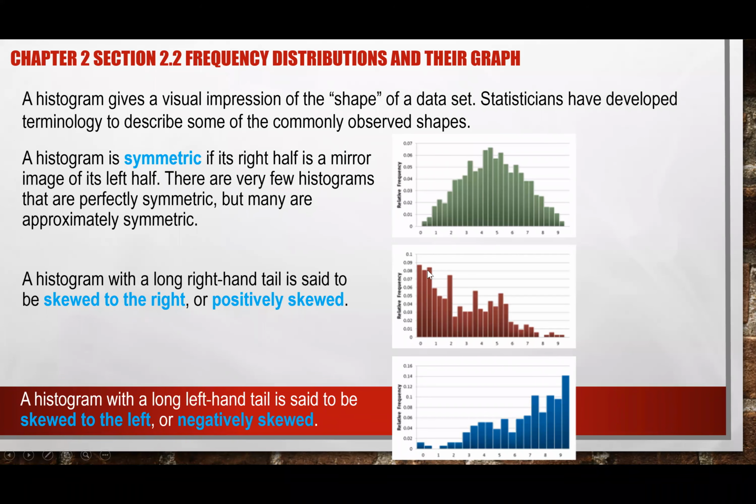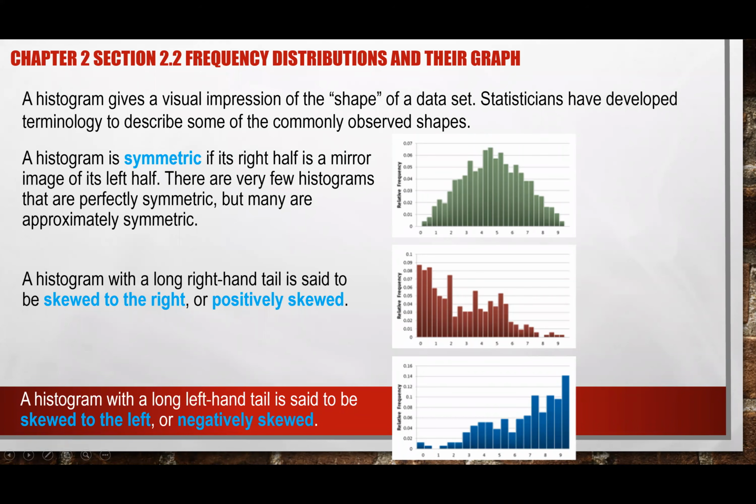Again, what is on your left, when you look at it, is on the right of the graph looking at you, right? So looking at this, if it's like this, it's positively skewed or skewed to the right. And if it's ascending from left to right, we call it skewed to the left.